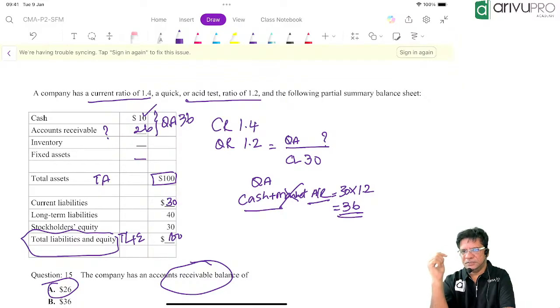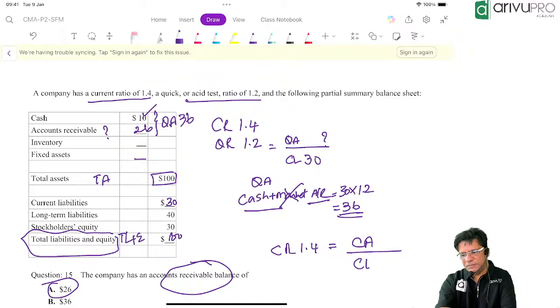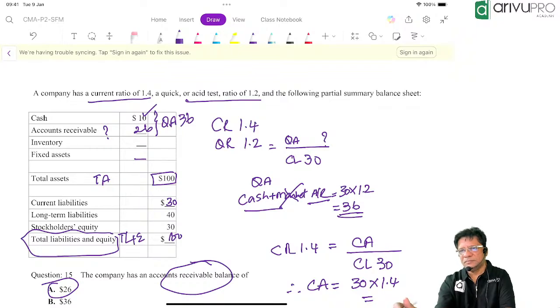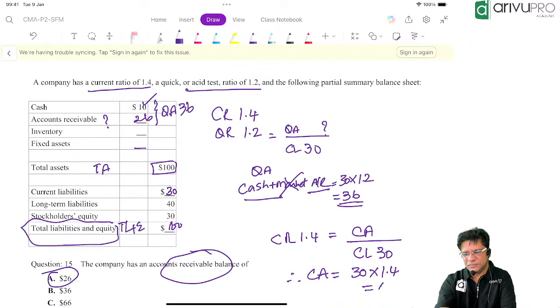Current ratio, right? Current ratio 1.4 equals current assets divided by current liability 30. Therefore, current assets is 30 into 1.4, which is 42. In 42, you already have 36. 42 minus 36, 6 is the inventory.